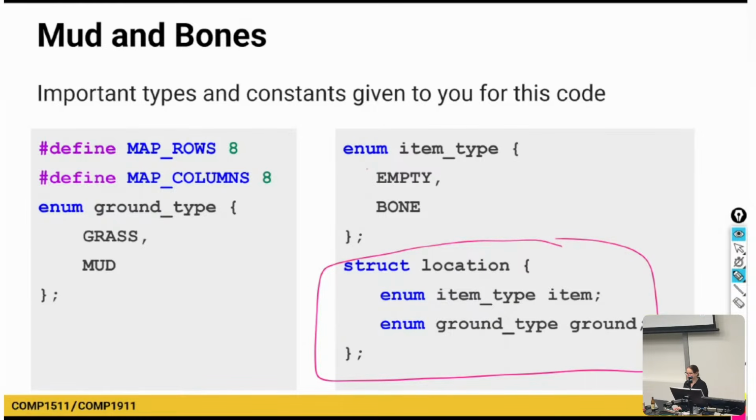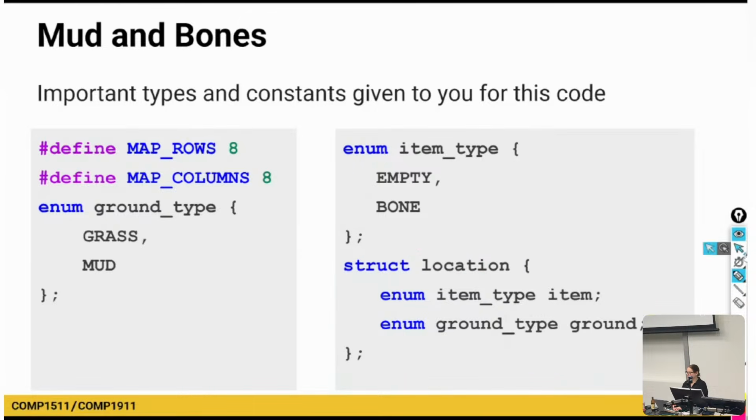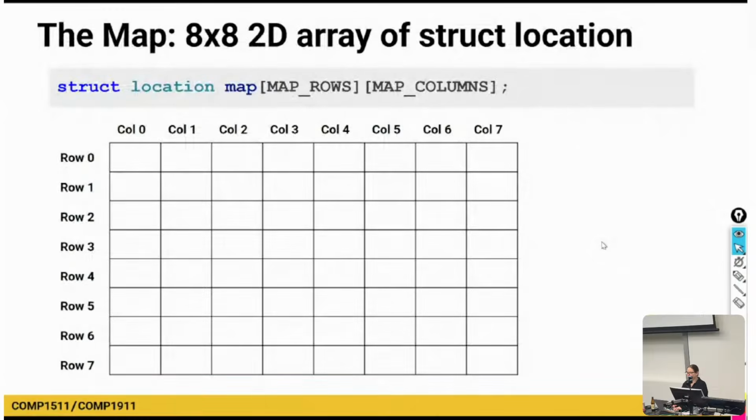And our struct location has an item type and a ground type. So the item type, every location will either have an empty item, like no item or a bone. Every location will have a ground type of either grass or mud. Okay, so we've got struct with enums in it.